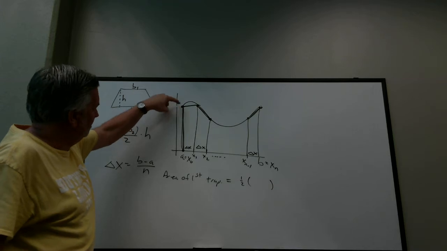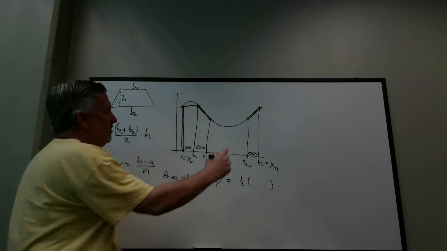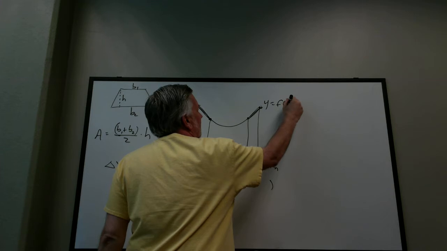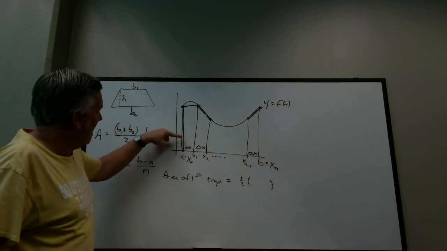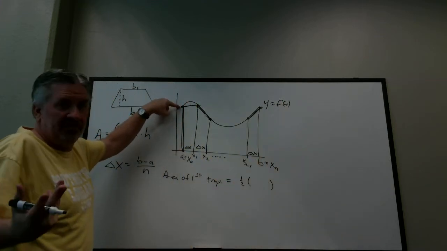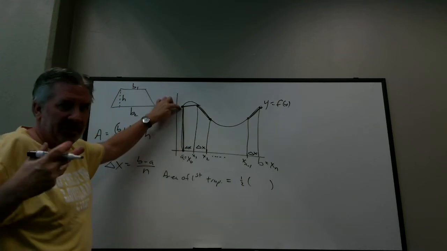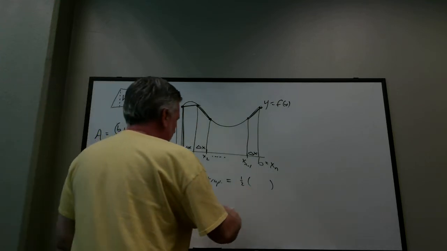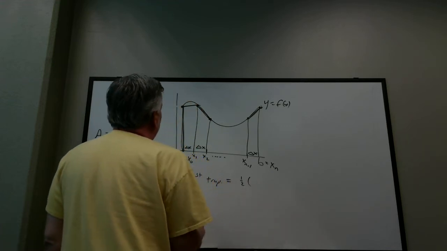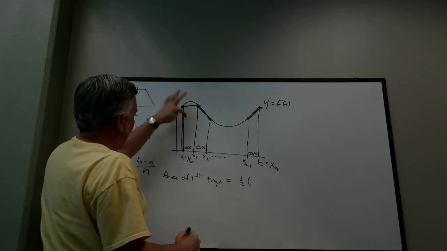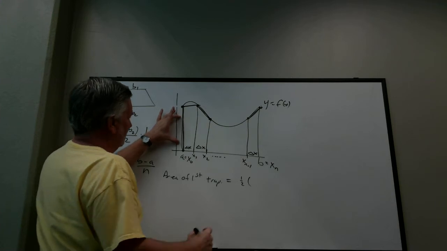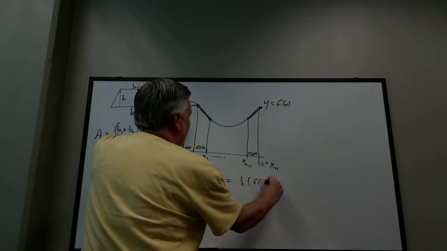This is the point x naught, f of x naught, if I call this f of x. So the length of this side of the base is f of x naught, just like when we did heights of rectangles. So it's the average of the heights of the parallel sides. So that's f of x naught.